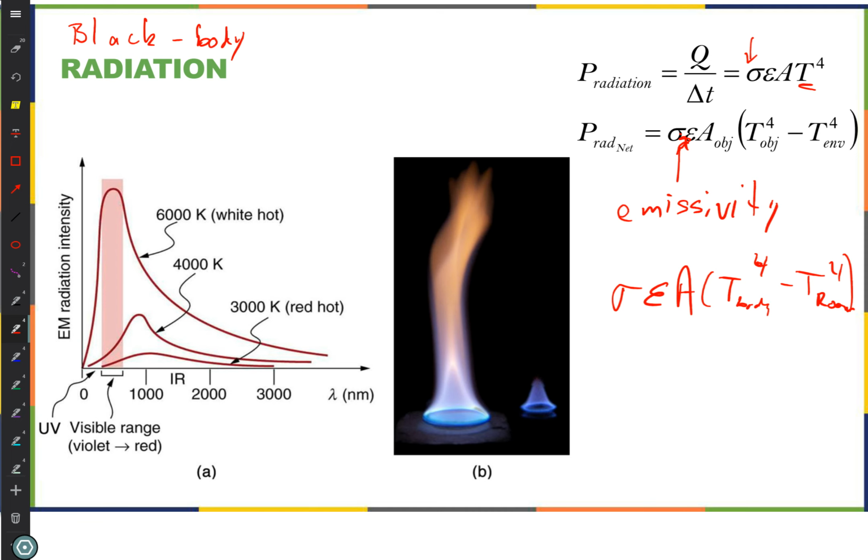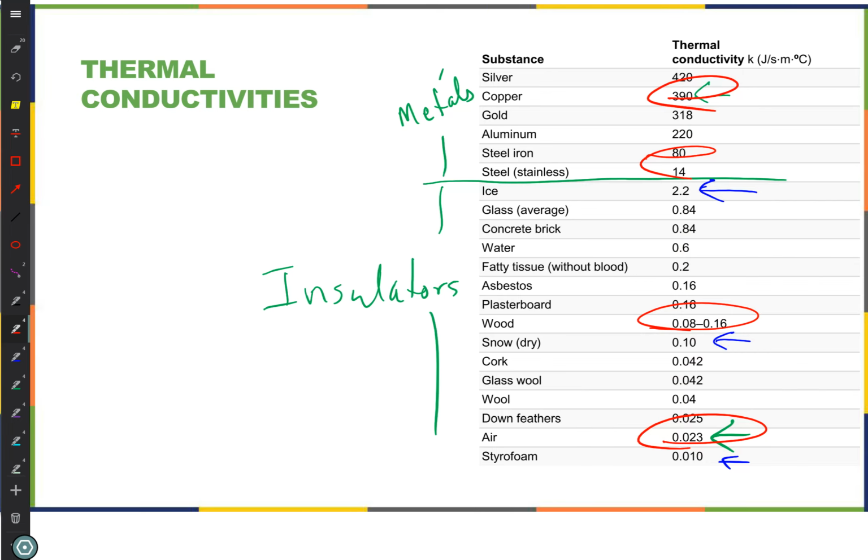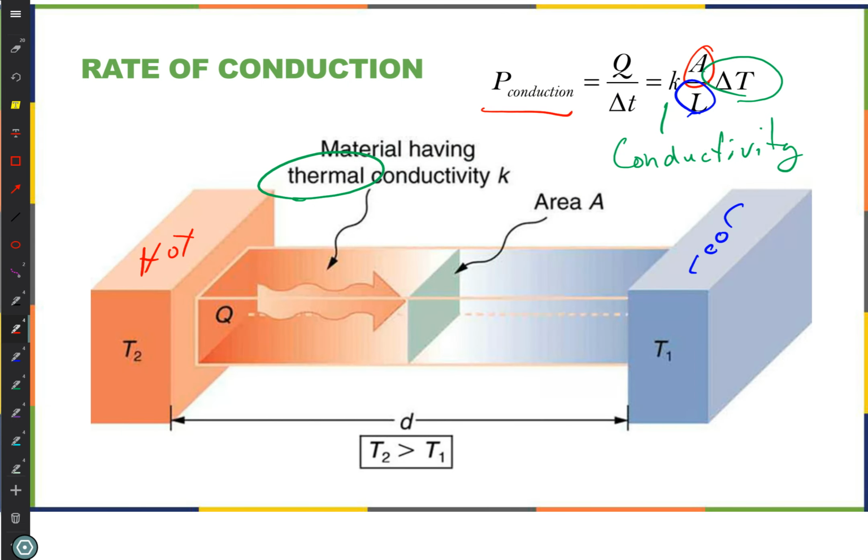Now notice, what units did I use for temperature? Kelvins. You have to use kelvins here because it's temperatures, not change in temperature. If we go back to the conduction equation, all the way back here, that was change in temperature. For change in temperature, you can use Celsius or kelvins. Either one works because a change of 1 degree Celsius is the same as a change of 1 kelvin.